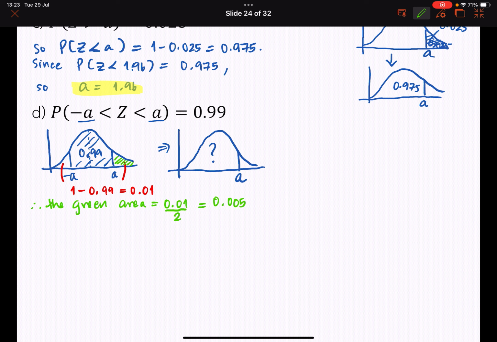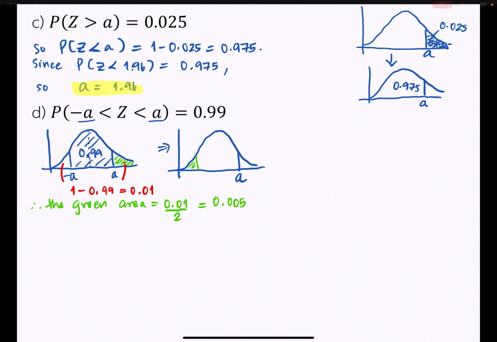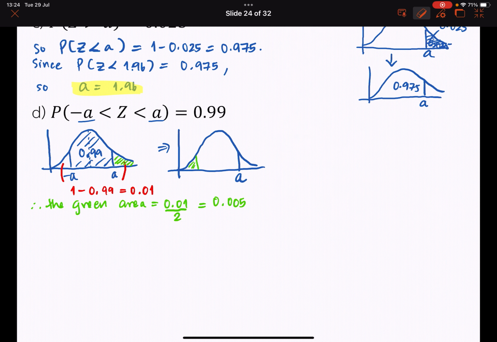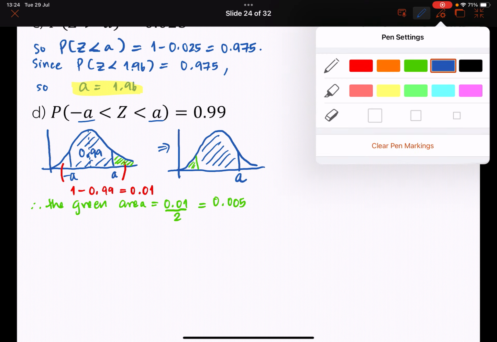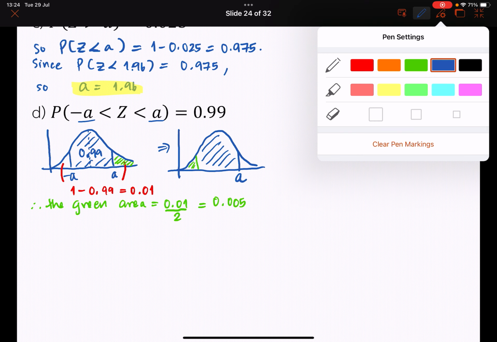So the green area is actually 0.005, just one piece of green area, which is the same thing as the area here. So you need to add the two pieces together, which is the blue piece 0.99 and the green piece. Okay, so add them together.